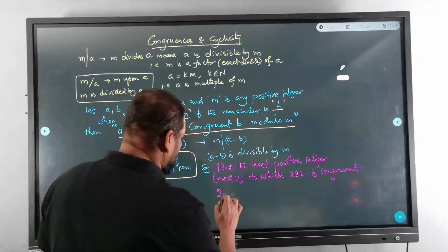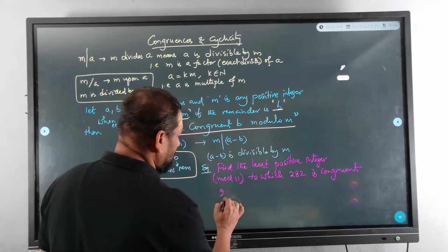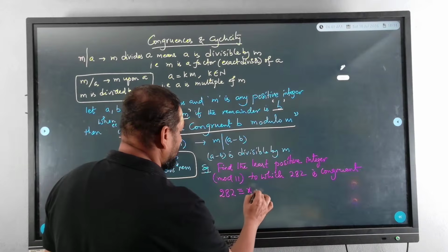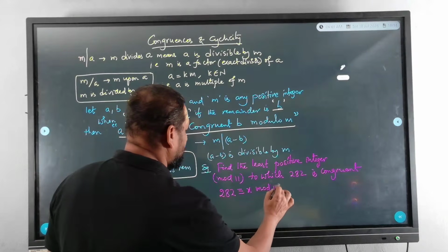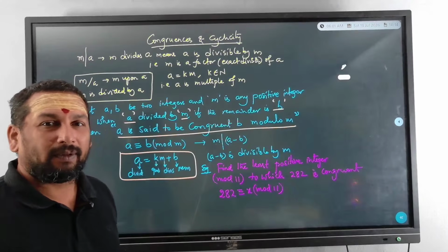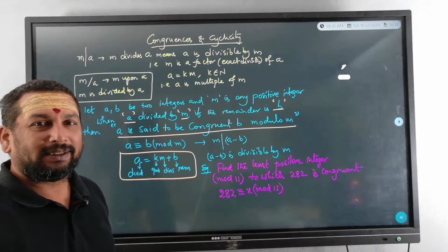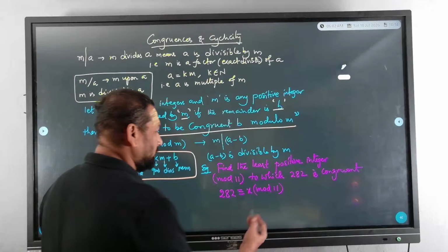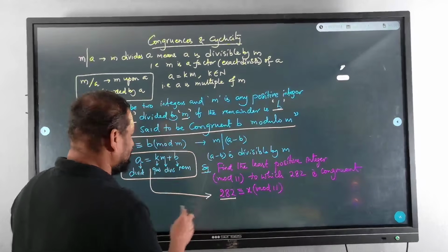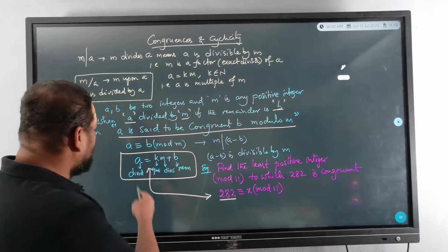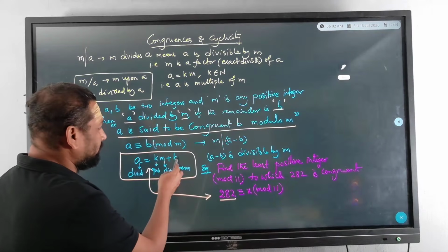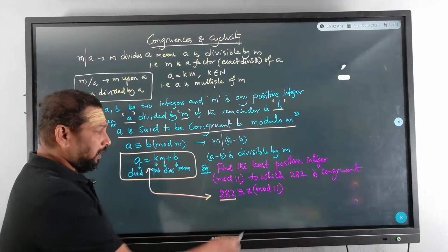But see, 282 congruent to x mod 11. Now tell me, what do we have to find? Very good. As per this statement, dividend, divisor, you have to find the remainder.